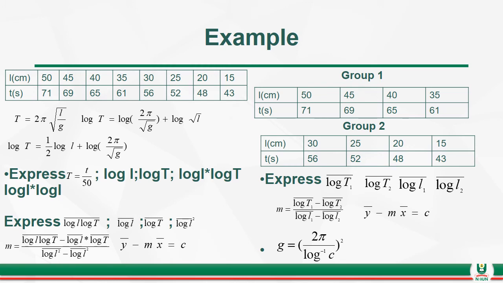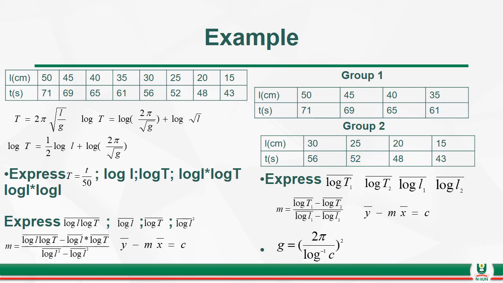Here we have the values for length L and time t. Of course, we know that the relationship between the period and acceleration due to gravity is T equals 2 pi square root of L over g. Then to solve this problem, we can take the log of both sides.